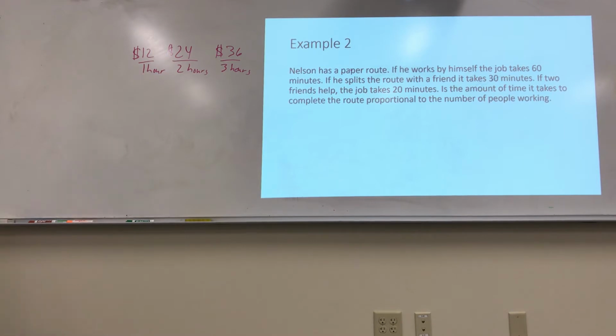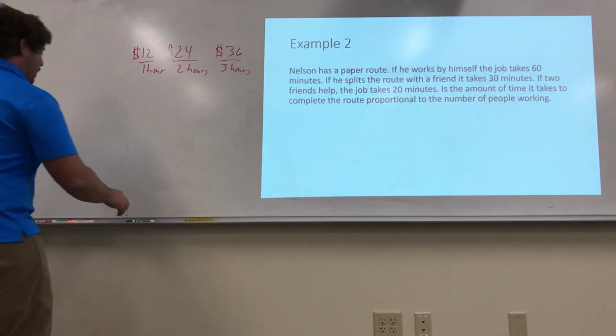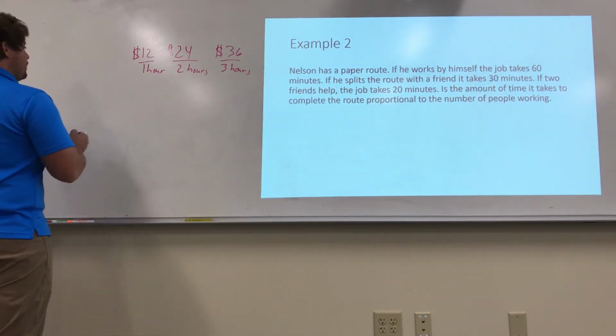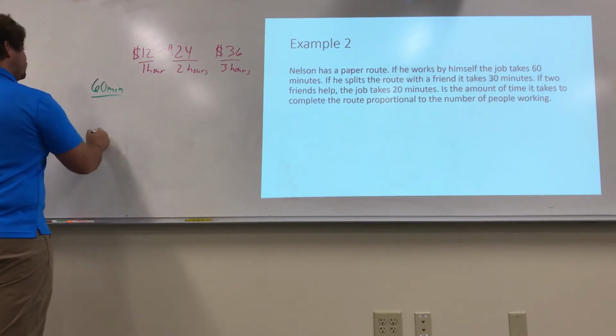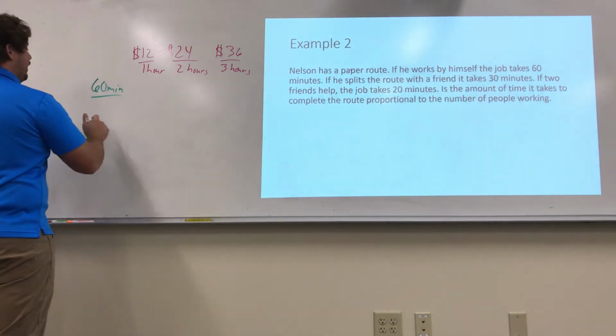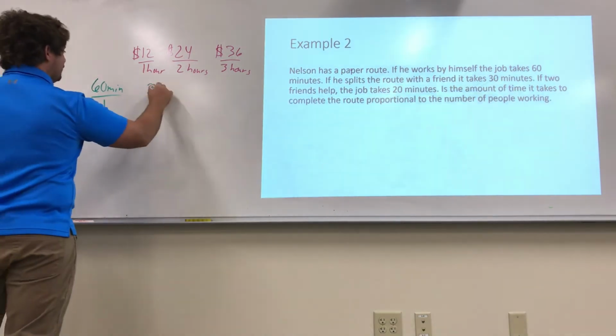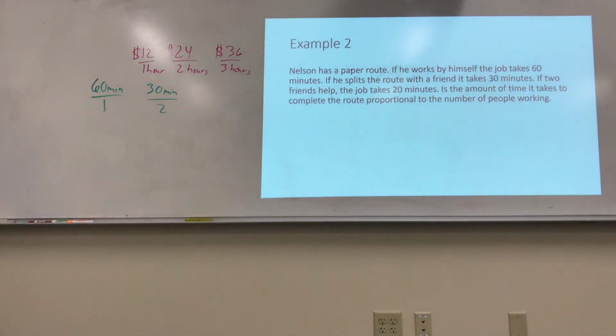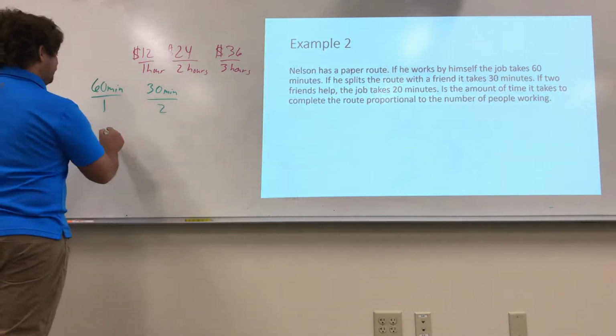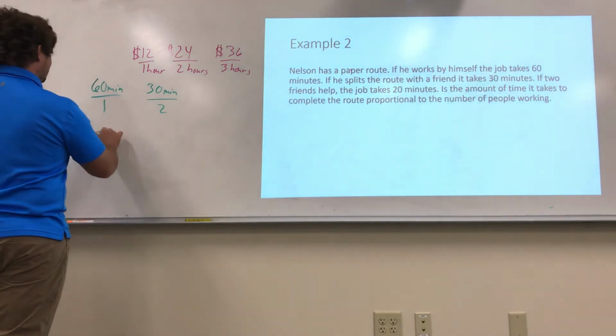So a job that takes 60 minutes for one kid is going to take 30 minutes with two. The last part: if two friends help, there will be a total of 4 of them, and it takes 20 minutes.